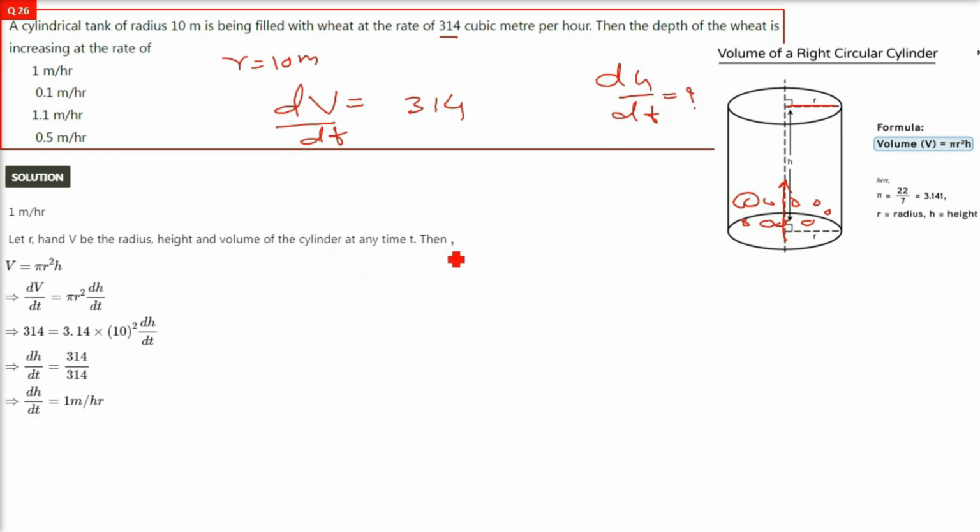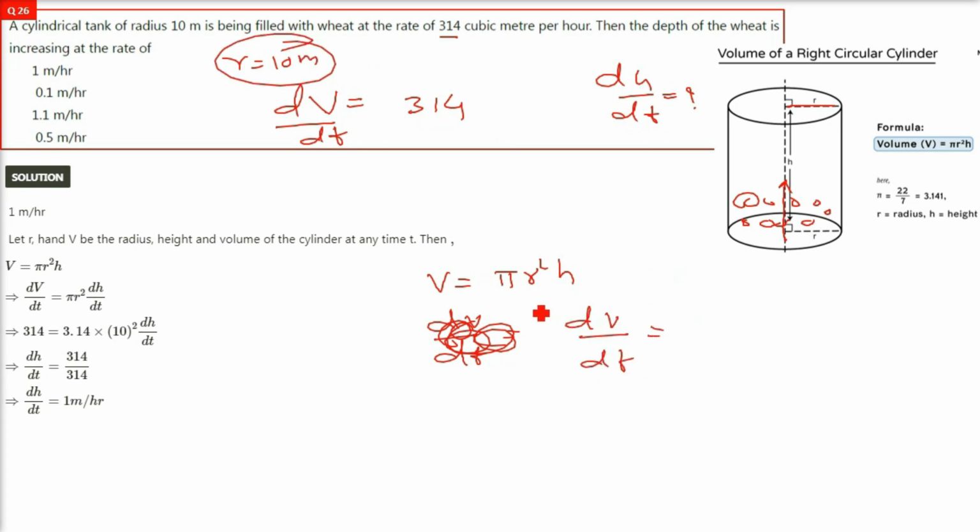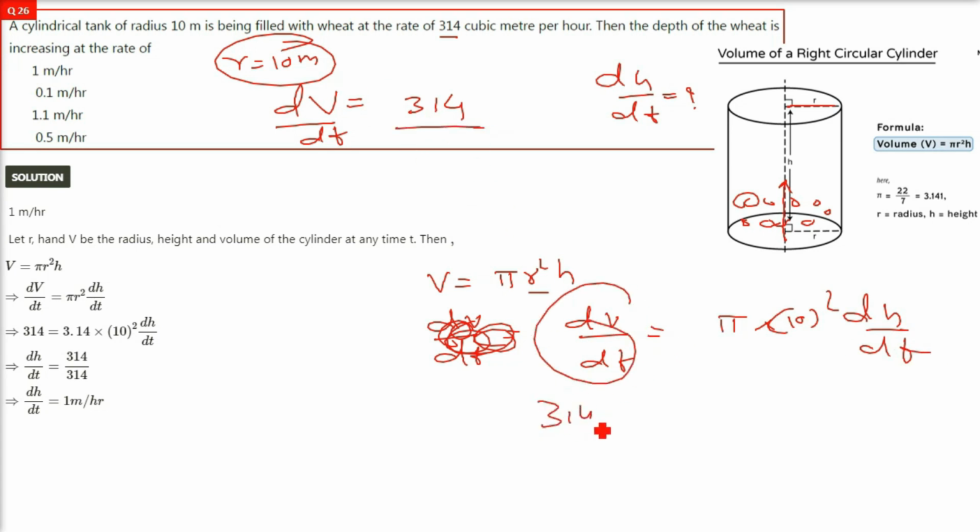Okay, so volume is pi r squared h, and as I said, because the radius is fixed, we just have to replace this r by 10, so you can make it 10 squared. So dV/dt is given. Let us put it here. dV/dt equals pi into r. In place of r, just write 10, so pi into 10 squared, and then dh/dt. So I have differentiated both the sides, but kept the radius 10 because it is fixed.